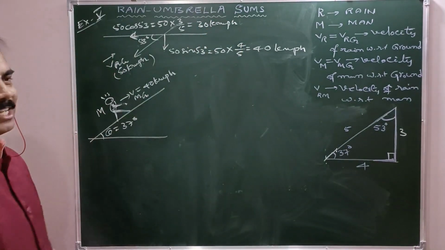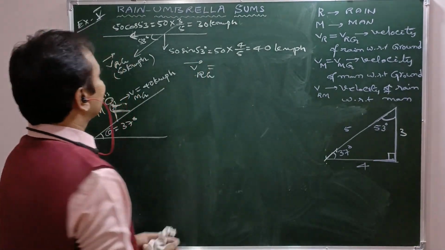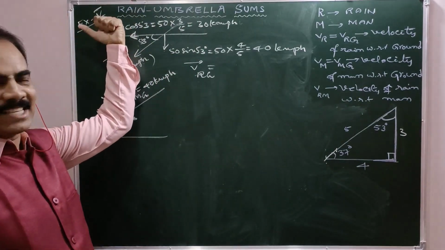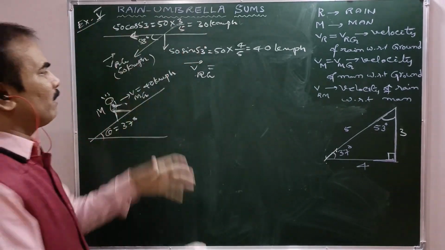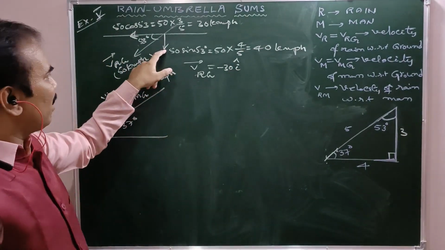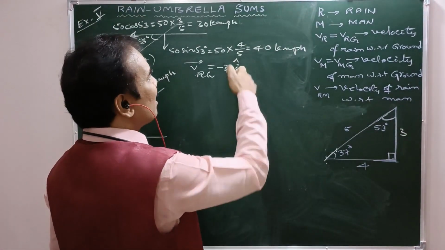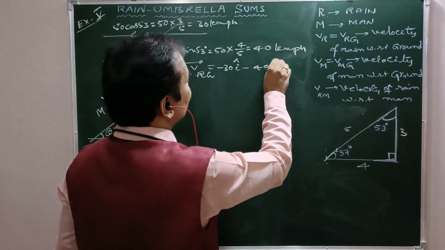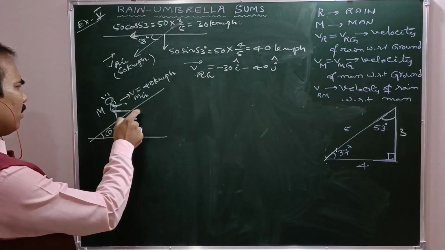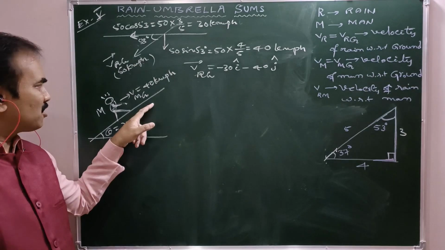So in vector notation, VRG bar: the x component is along negative x-axis, so minus 30 i cap. The y component is also along negative y-axis, so minus 40 j cap. Right? Okay.